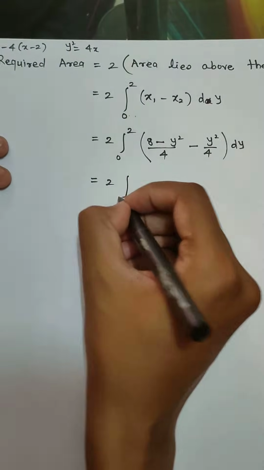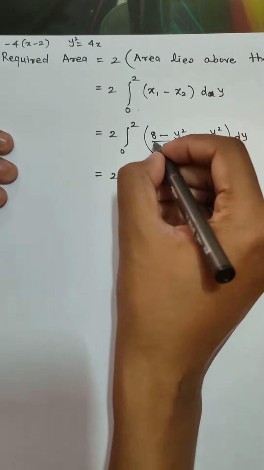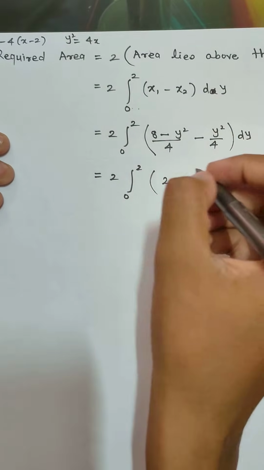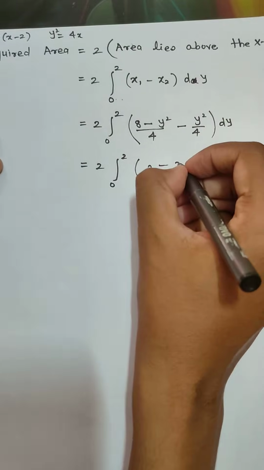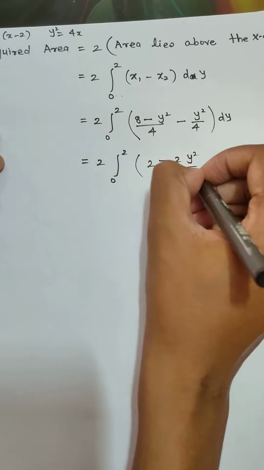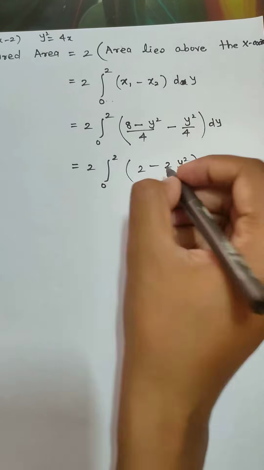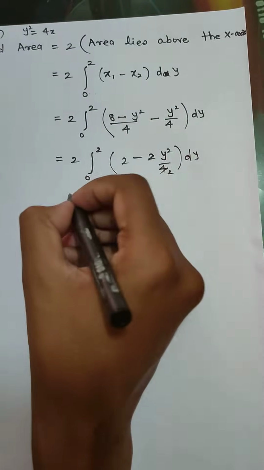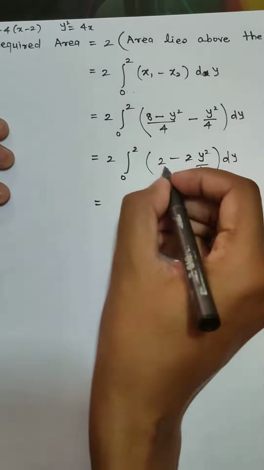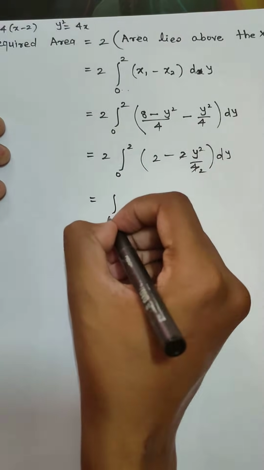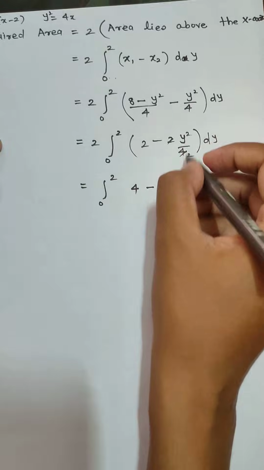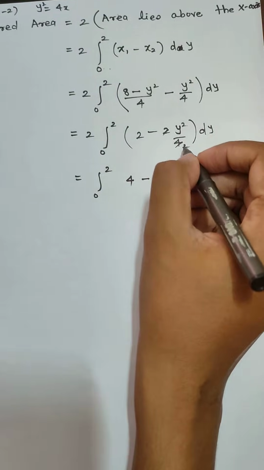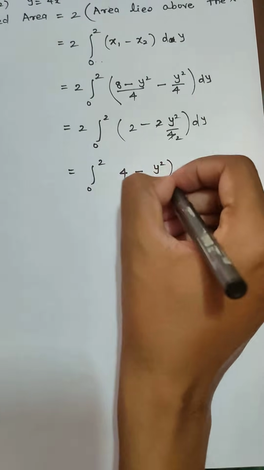Now solving further, what you'll get? 8 by 4, that is 2, minus y square by 4, minus y square by 4, 2 times y square by 4 dy. Now this 4 gets cancelled with this 2. So you have multiplied by 2 again. So you'll be having the integration from 0 to 2 of (4 minus y square), since the 2 cancels with the 2 and we remain with y square.